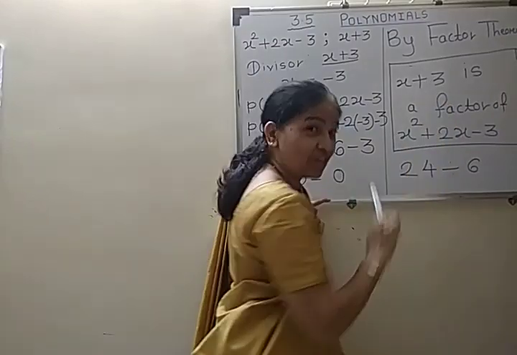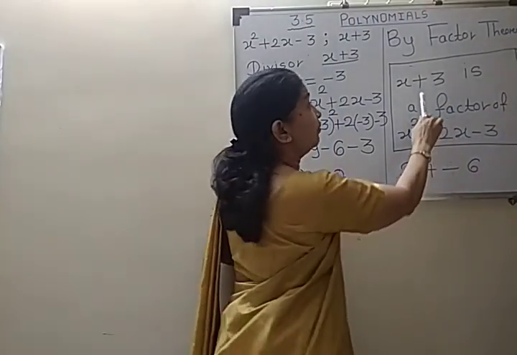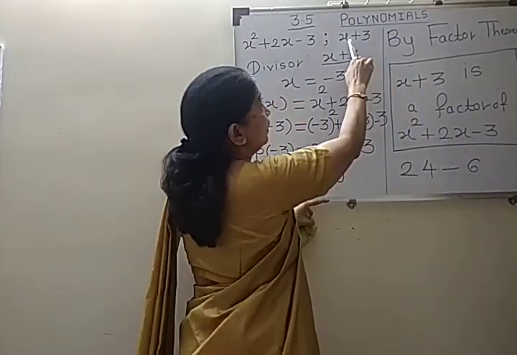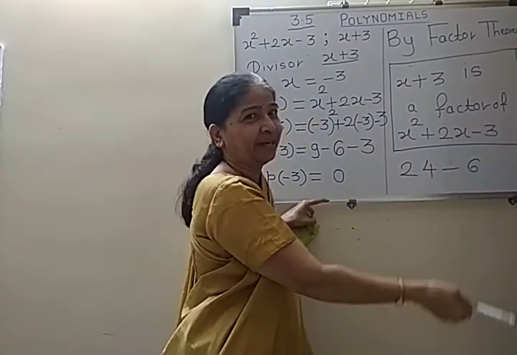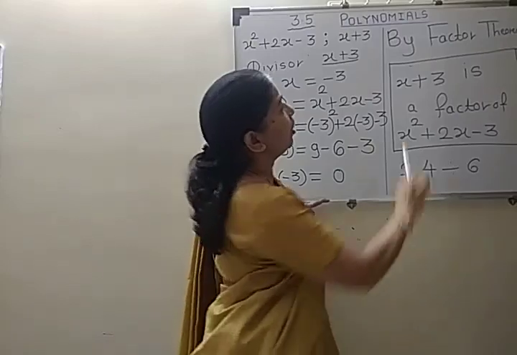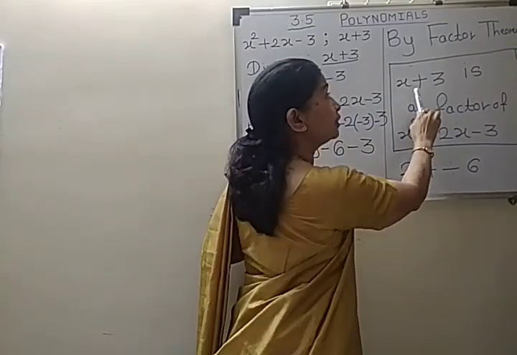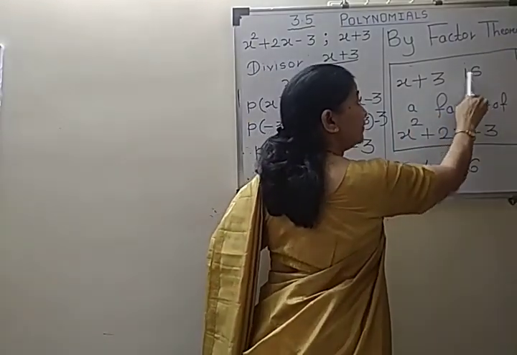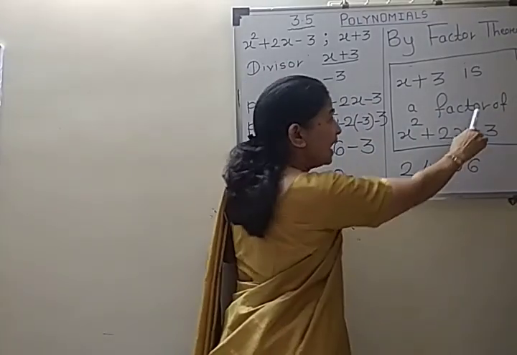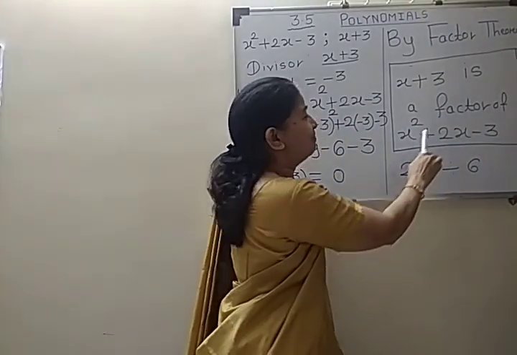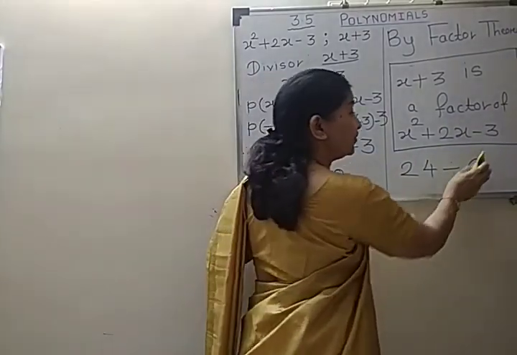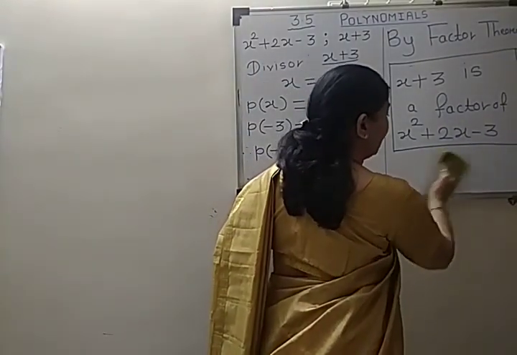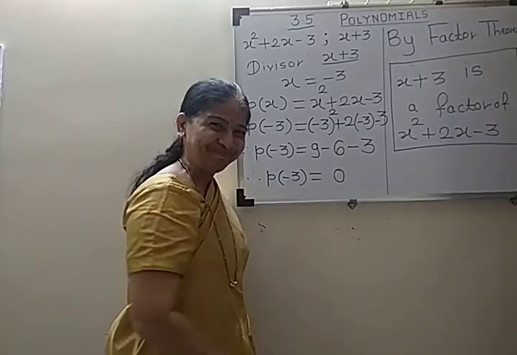Note the correction again: in the question they have asked whether x plus 3 is a factor, so in the answer also I will write x plus 3 is a factor of x square plus 2x minus 3. This is my answer.